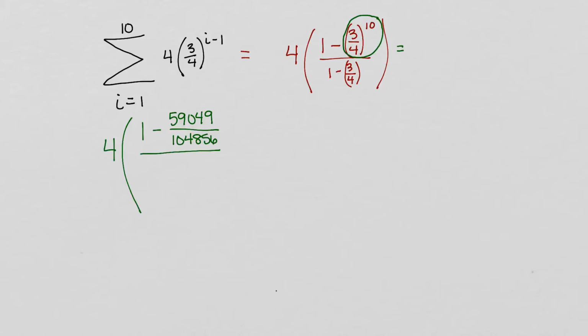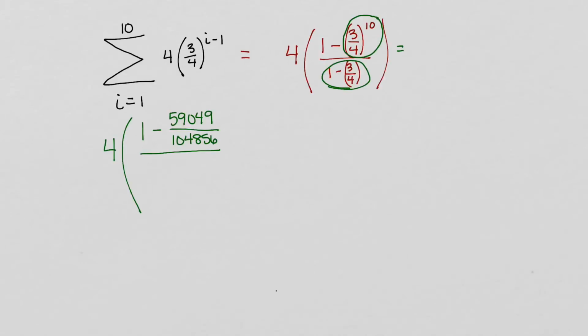Okay, and that is still over 1 minus 3/4. Oh, sorry about that, which is 1/4. Okay, so I'm just going to leave it like that. And then that is the same equation, these are equal, that's just the next step.